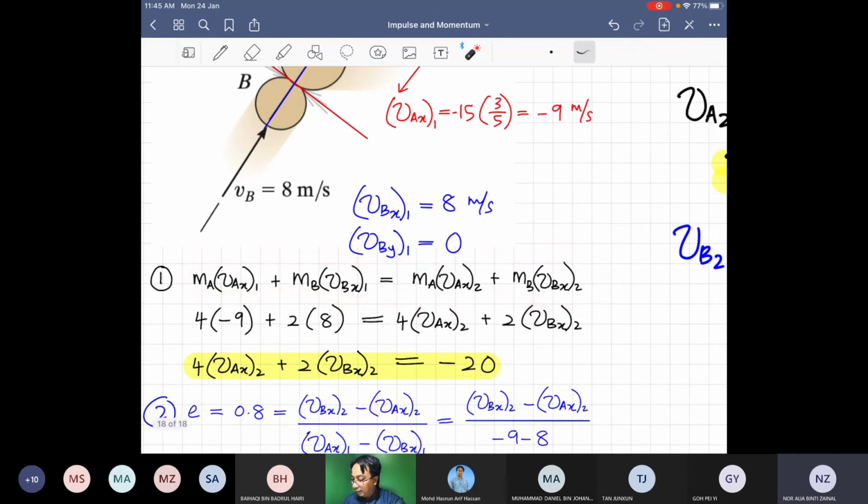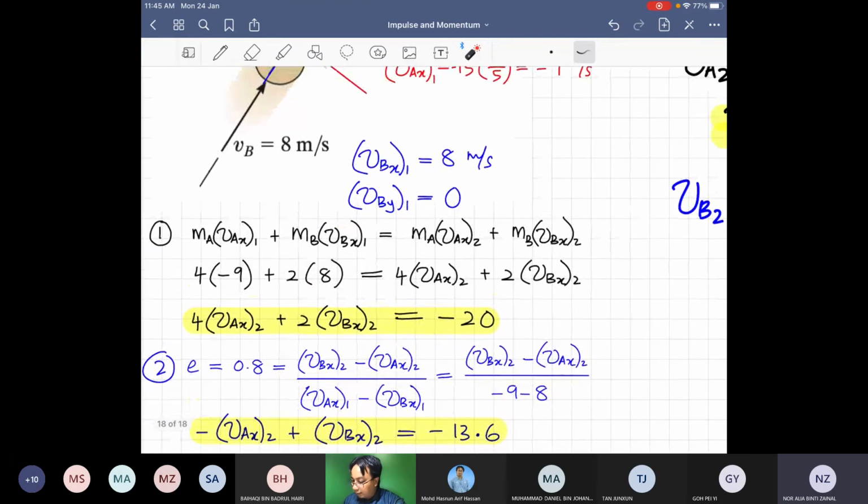Okay, and then selesai yang tu, kita akan dapat satu equation yang ada dua unknown, kita tak boleh nak solve. So you have to go to the coefficient of restitution equation. Dia akan bagi dalam soalan berapa coefficient of restitution.